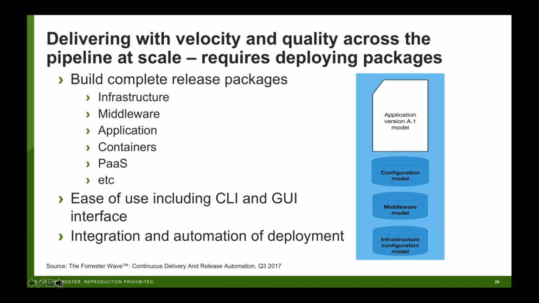And the other thing that's not up here is you also need the ability to deliver database changes automated as well, and security components and things like that. You need to build them all into the release package. You effectively need a release package artifact, and then you need to move that release package in an automated manner through the testing phase, through the QA phase, and through the delivery phase.